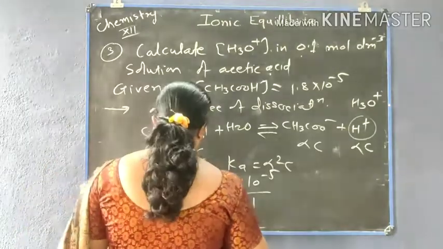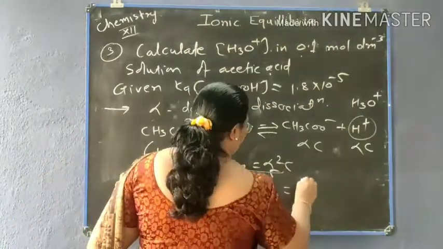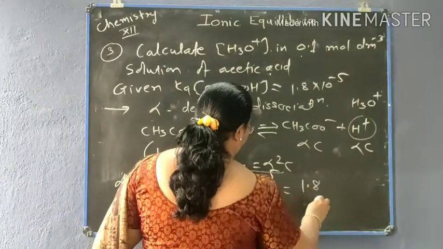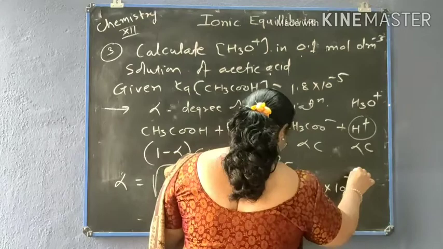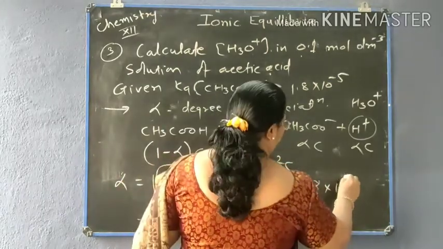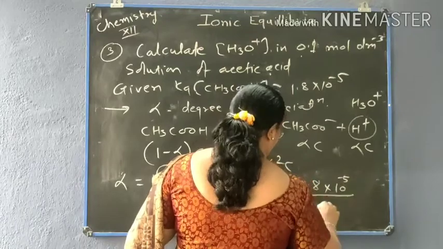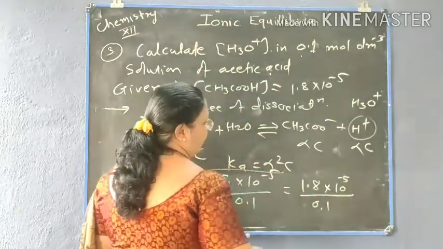So you can take its square root: 1.8 into 10 raised to minus 5 divided by 0.1.